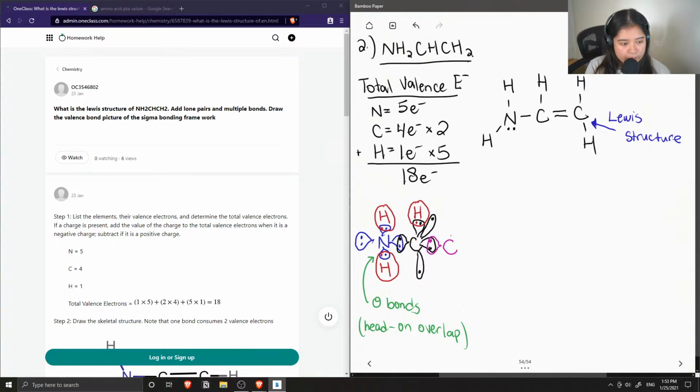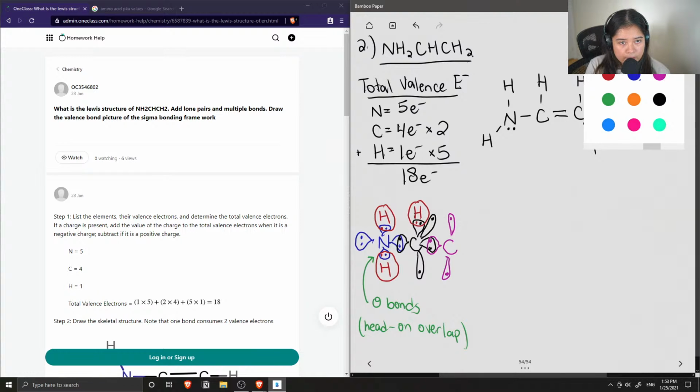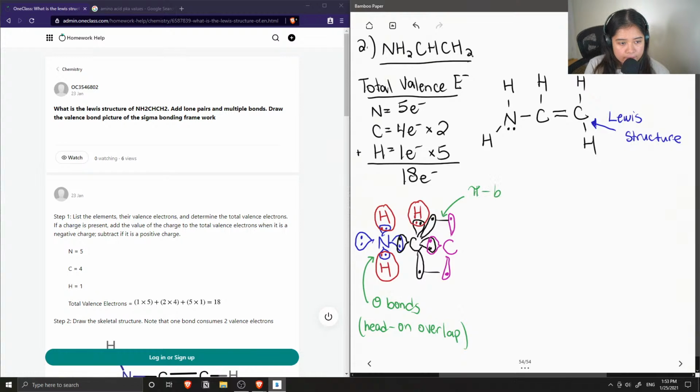And this is shown on both of the carbons. And this is how the double bond is formed. So they're kind of connected like this. And we can label this bond as a pi bond. So this is when you have side by side overlap.